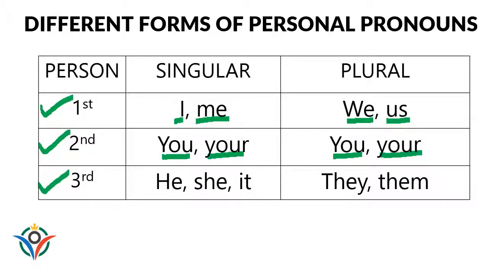And then the third person singular is he, she, it, and the third person plural is they or them. So if you're not too familiar with these different forms, I want to encourage you just to take the time to learn this table because it will make learning the different Greek personal pronouns a lot easier.